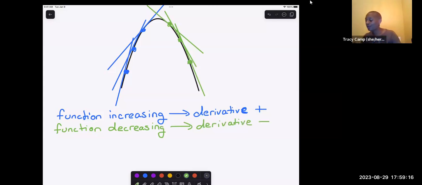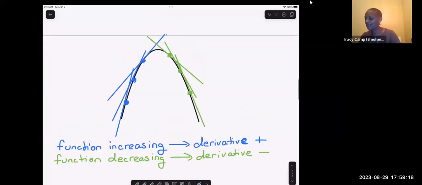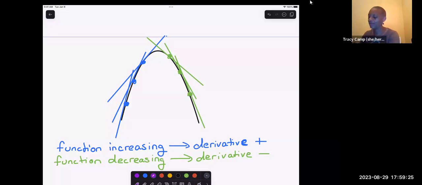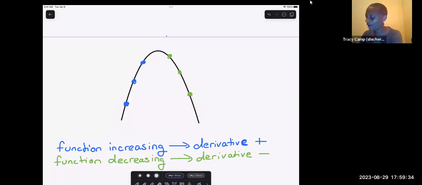And then one other rule I just want to note. I'm going to get rid of some of these tangent lines, just so we can get a better view of what I'm about to draw. Notice the peak of this curve, the maximum point, or if this is a parabola, the vertex. The tangent line here is actually a horizontal line.